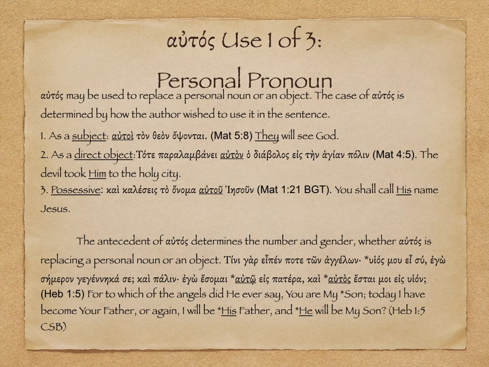The actual case is determined by how it's being used in the sentence. Ego esomai autō, I will be his father, and he will be a son to me. He will be my son.